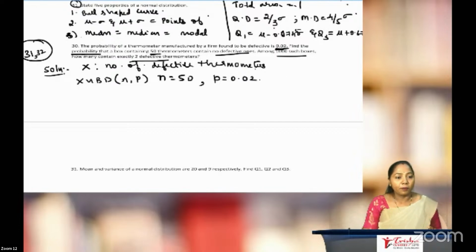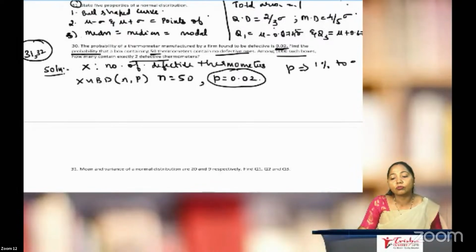Is it a limiting form? N is large, p is small. Remember, dear students, whenever a binomial distribution is given to you, check the probability p-value. If the p-value lies between 1% to 9%, that is 0.01 to 0.09, we say that p is very small.